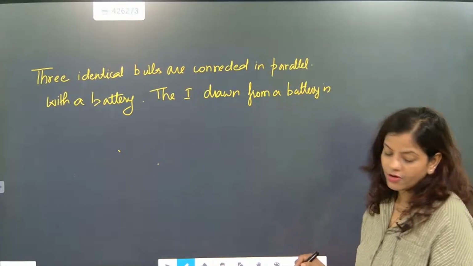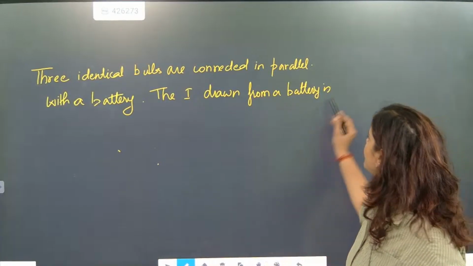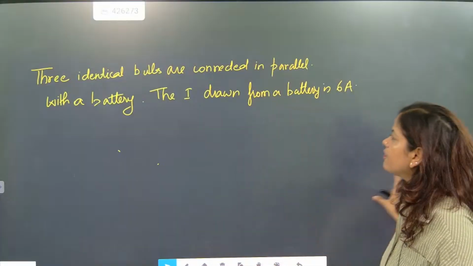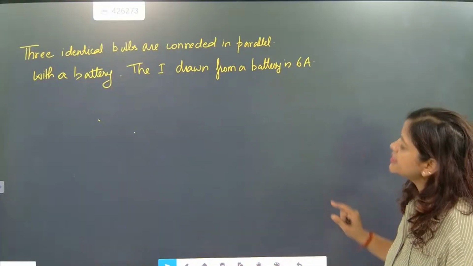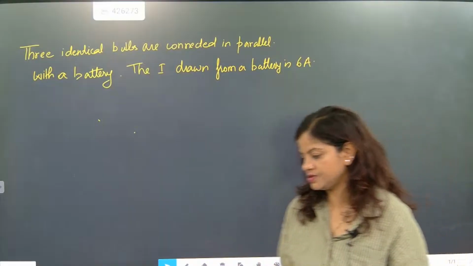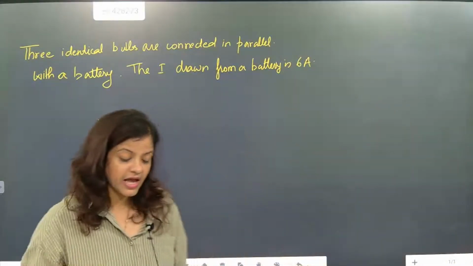The current drawn from a battery is 6 ampere. The current drawn from a battery is how much ampere, beta? 6 ampere. After that, if one of the bulb gets fused, these types of questions they're asking actually.